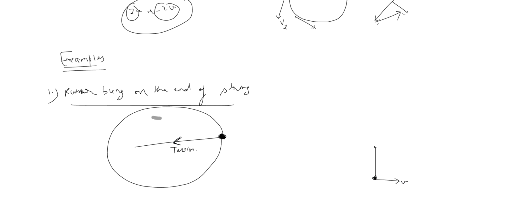But as soon as tension starts acting, the particle will try to move in a straight direction, but the tension in the string will bring it toward the center. From here, the particle will try to move in a straight path, but tension brings it toward the center, and it continues to move in a circular path.